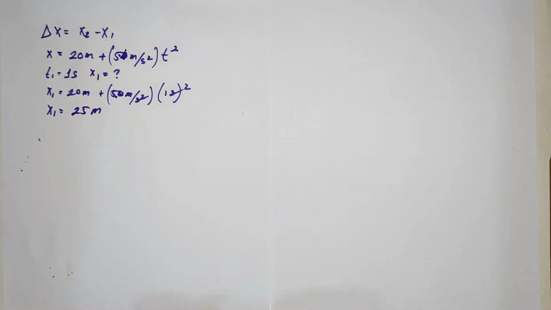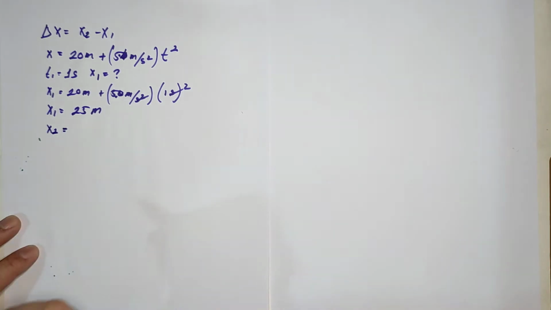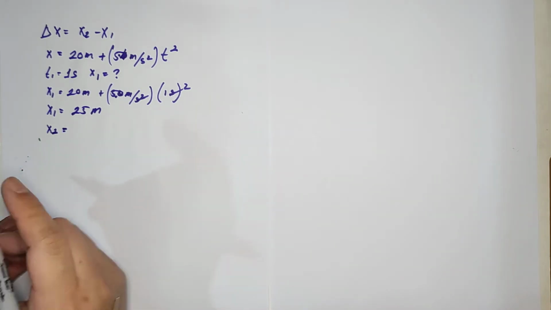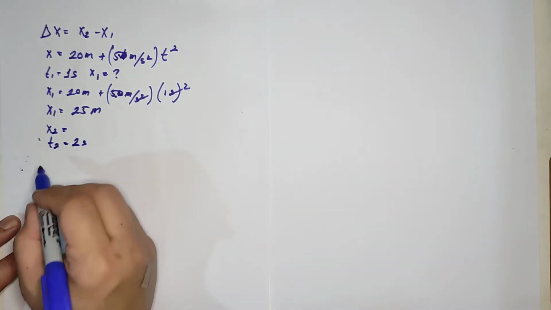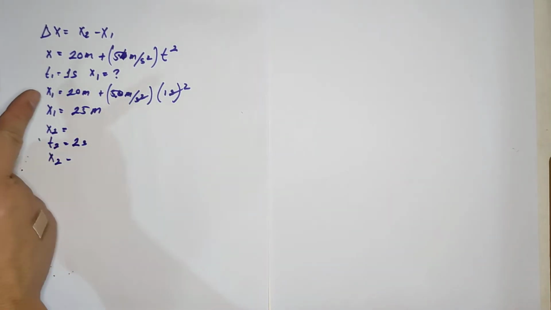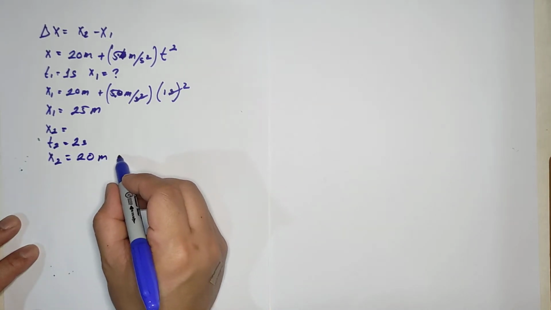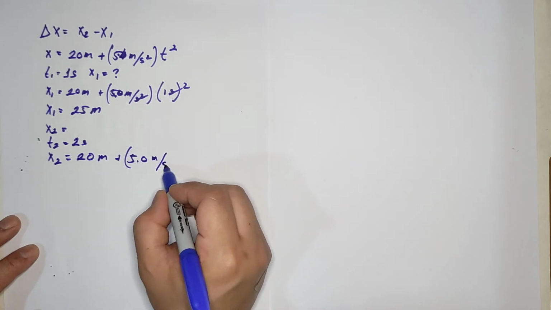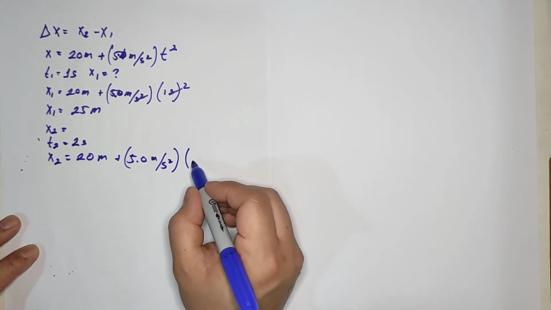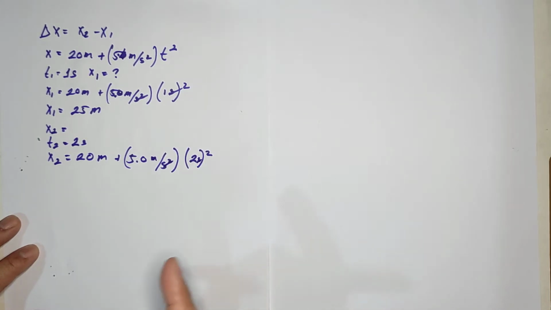Now for the x2, that is t2, 2 seconds. Just follow this formula, 20 meters plus 5.0 meters per second squared, then you have 2 squared. That is second squared, so cancel, the same.